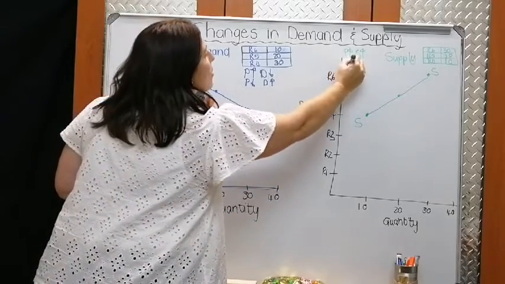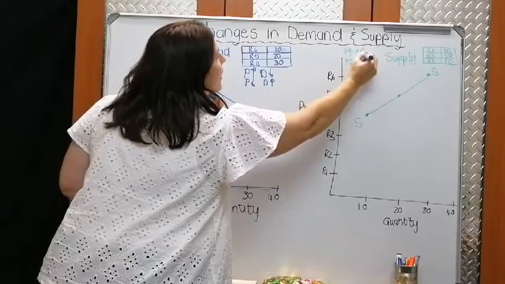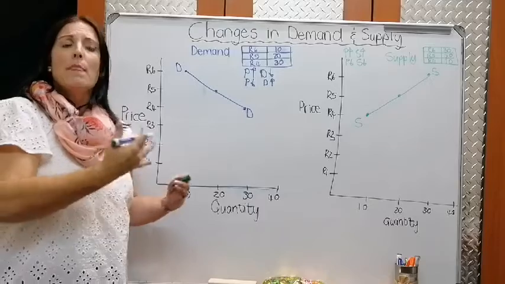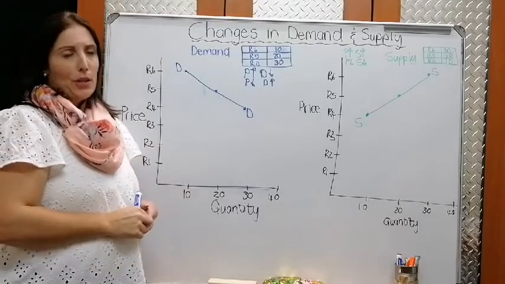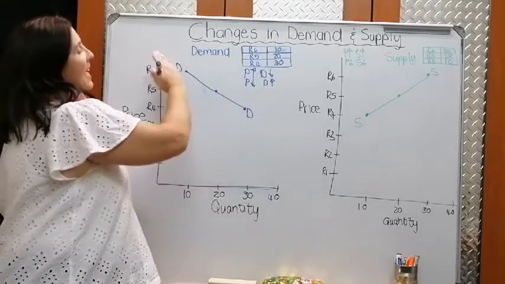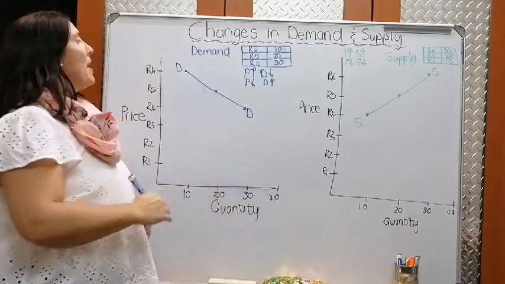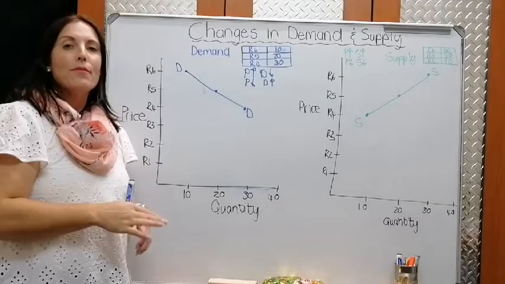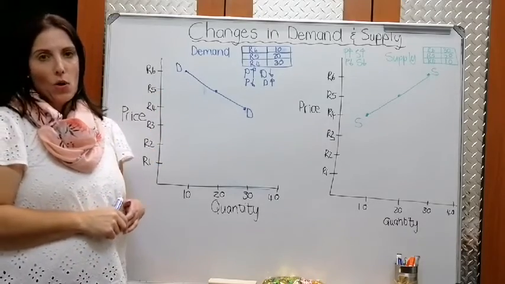If the price goes down, then the supplier will also supply less of that product or service to the market, because obviously the supplier will get less for their products or services. We also said that the demand curve has a negative or an inverse slope, where the supply curve has a positive slope, as we can see there on our graph.